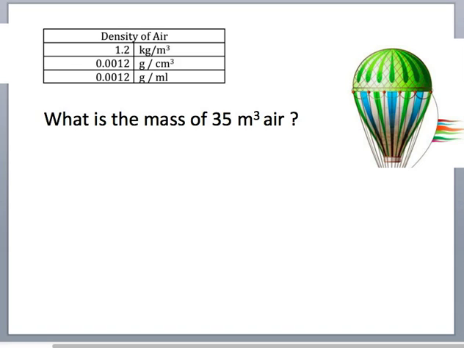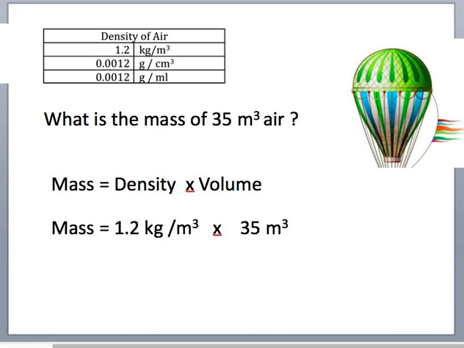As you probably know, mass is equal to density times volume. So mass is density, 1.2 kilograms per cubic meter, times 35. Crank it out, you get 42 kilograms.